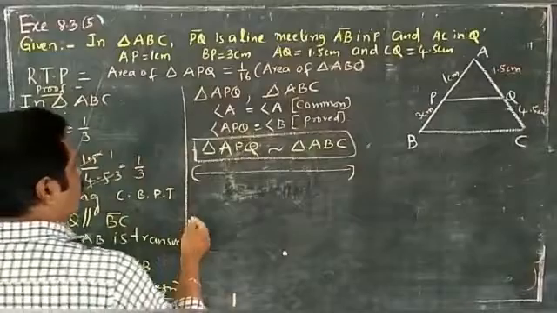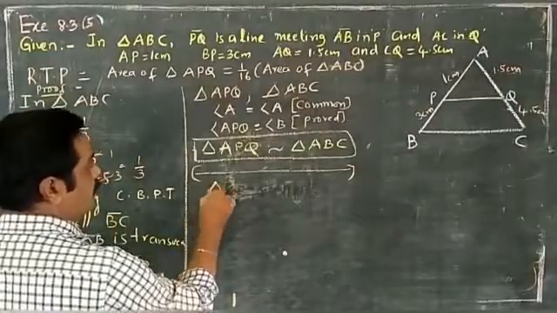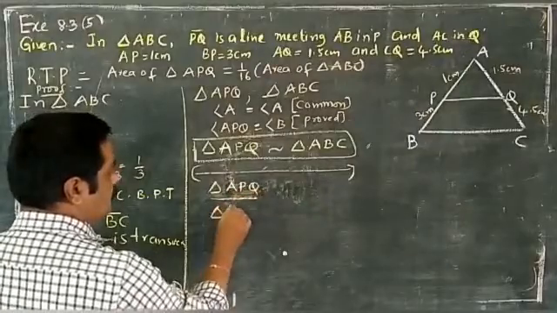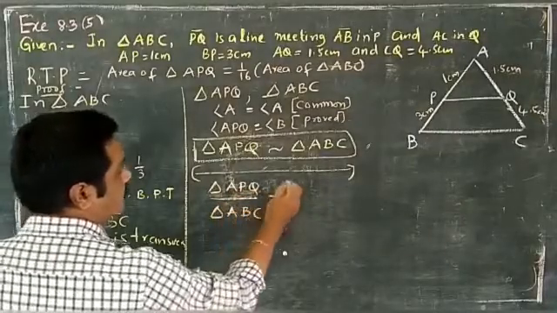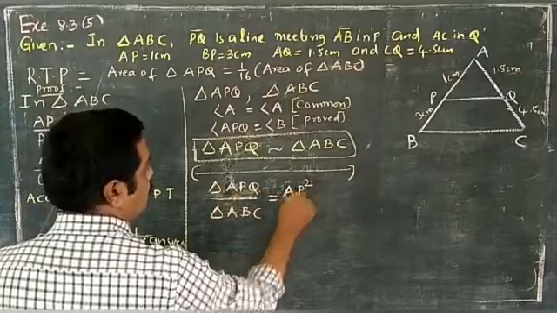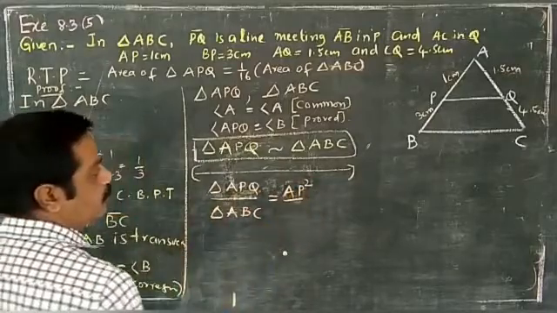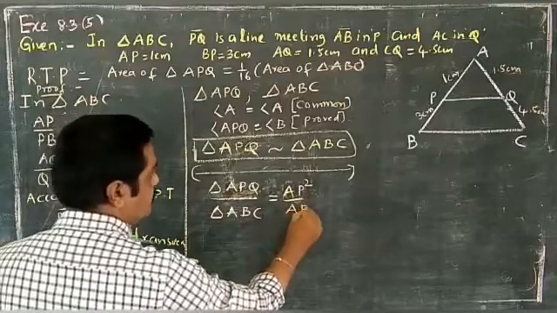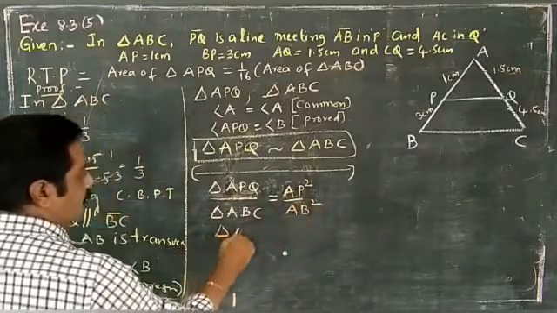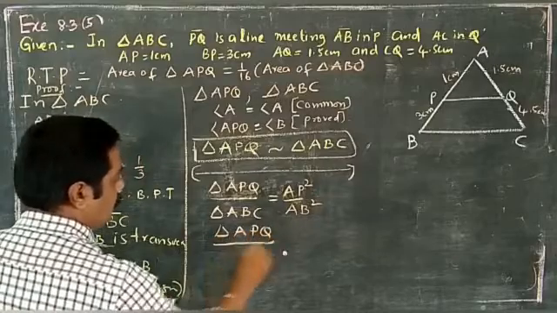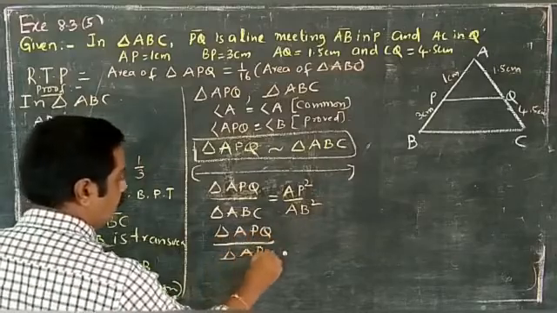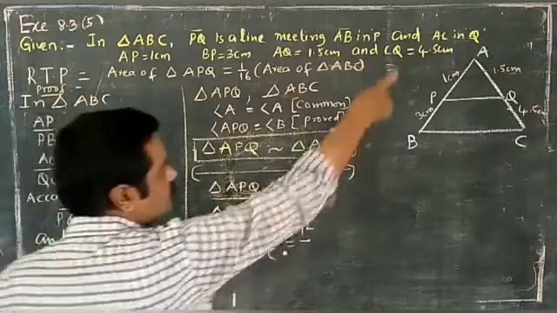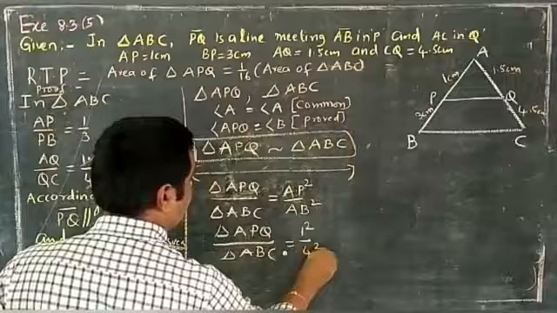By the help of that, I am writing area of triangle APQ by area of triangle ABC is equal to AP square, the side of APQ, and its corresponding side in triangle ABC is AB square. So this is 1 square, and AB is the total length, that's why 4 square.